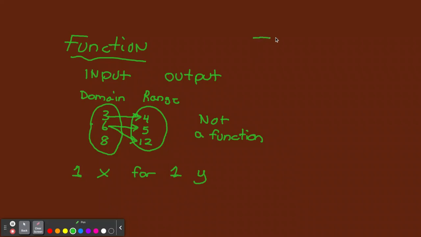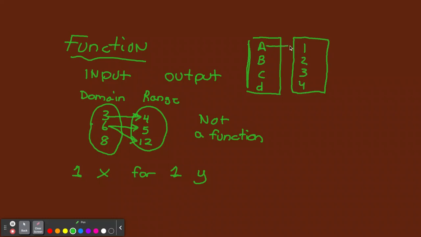So again, let's say you had, they don't have to be circles or ovals, whatever you want to call that. It could be boxes. Let's say you had A, B, C, and D. Then you had 1, 2, 3, and 4. And you had A with 1, B with 1, C with 2, and C with 4.